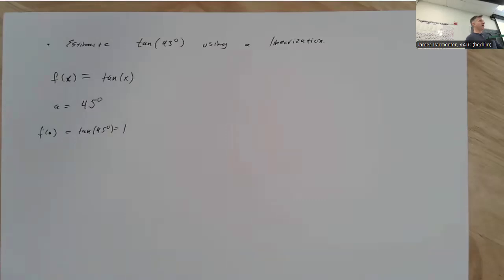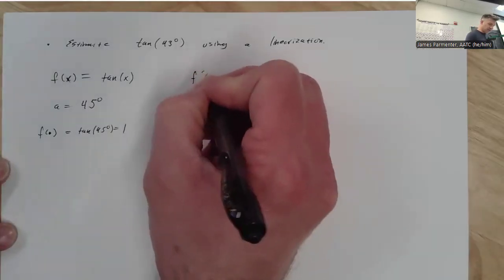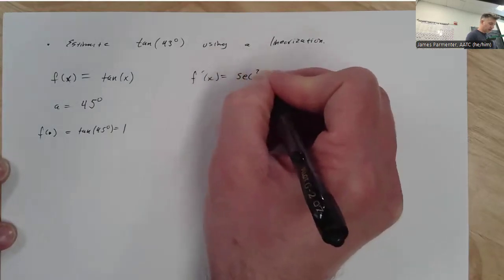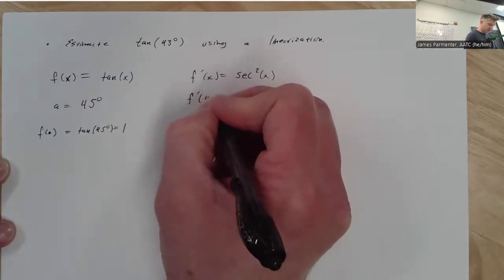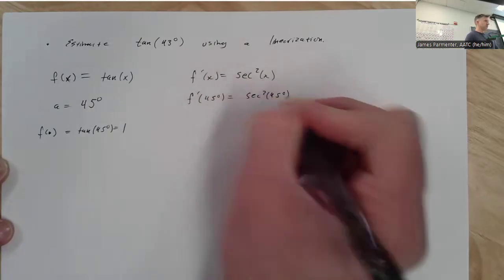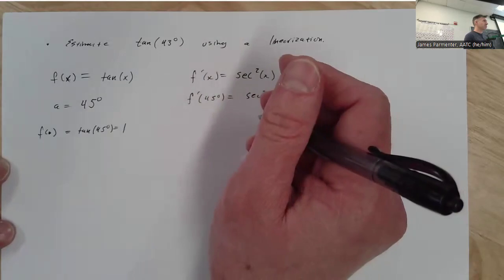And then we have to find the derivative for our linearization. So the derivative of tangent is secant squared of x. If we plug in 45 degrees, let's see, secant squared of 45 degrees. Hmm, it's 2.